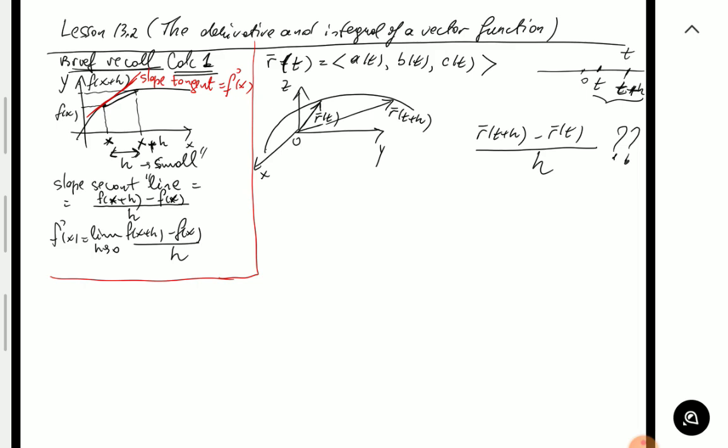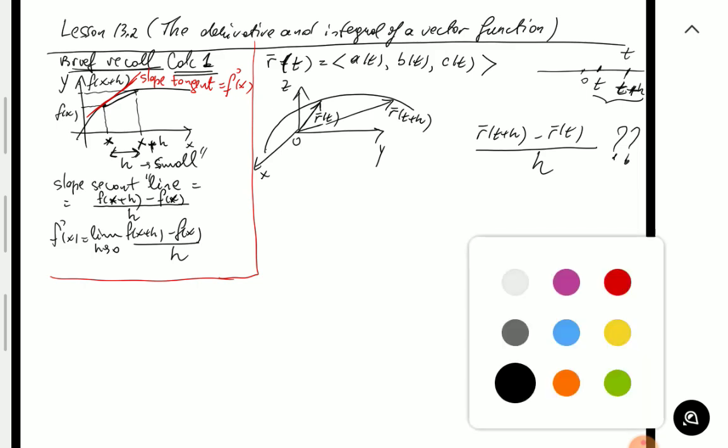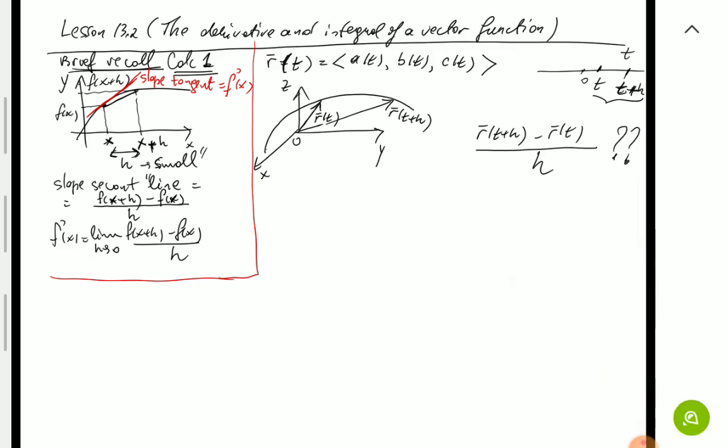Now think in terms of vector addition. The difference of two vectors is just a particular case of vector addition, right? But anyway, if you remember how vector addition works, you should visualize that r of t plus h minus r of t is that green vector I showed there. It's the one that completes the triangle, right? So r of t plus the green vector gives me r of t plus h. So the difference of the two is the green vector.